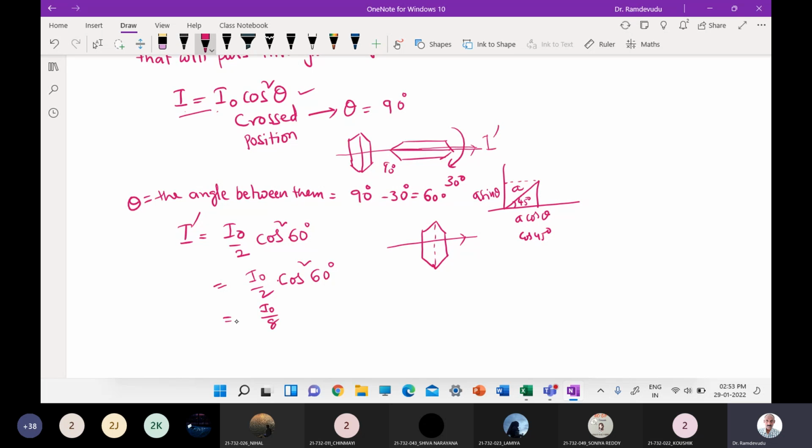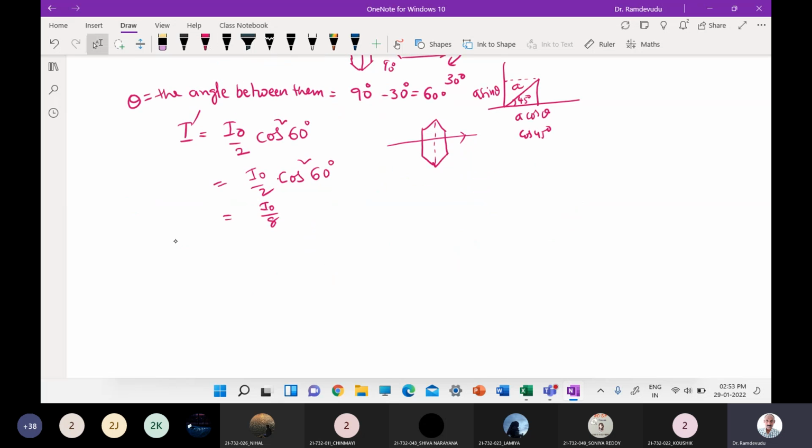Okay, but he is asking to find out the unpolarized light. Unpolarized light is I naught, and after turning 30 degrees, that is I dash, whatever you are writing. Percentage is asked, so you should multiply by 100. I naught is 100%, the initial one, whatever is incident we take as 100%.